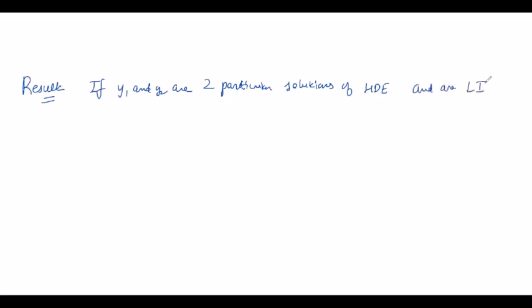So this is the next result, which says that if y1 and y2 are two particular solutions of a homogeneous differential equation and are linearly independent, that means their Wronskian is non-zero, then the general solution is y equals c1 y1 plus c2 y2.